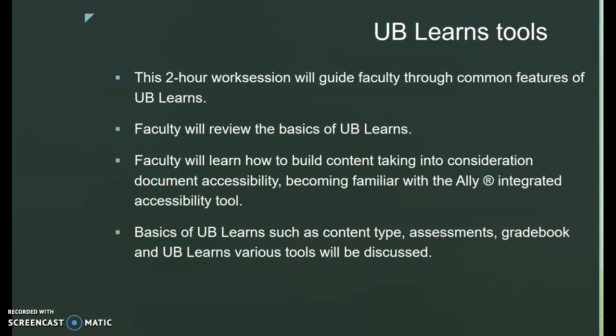Whenever you upload a document or PowerPoint, LAI kicks in and automatically gives a score, a gauge indicator that tells you if your document is accessible and how you can correct the documents if need be. Basics of UB Learns such as content type, assessments, gradebook, and UB Learns' various tools will also be discussed.